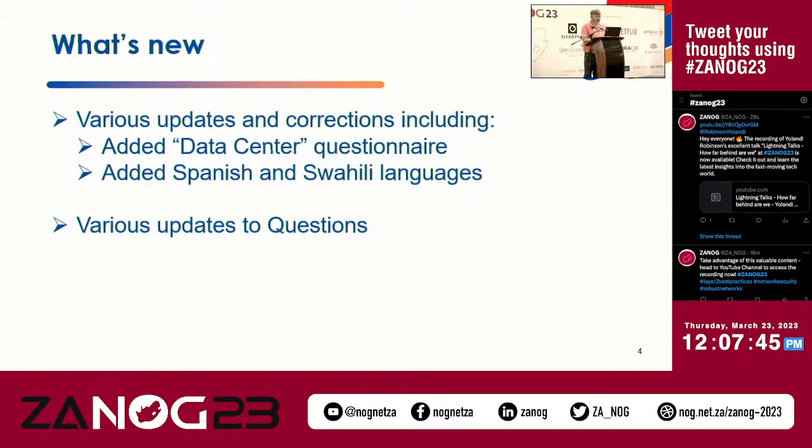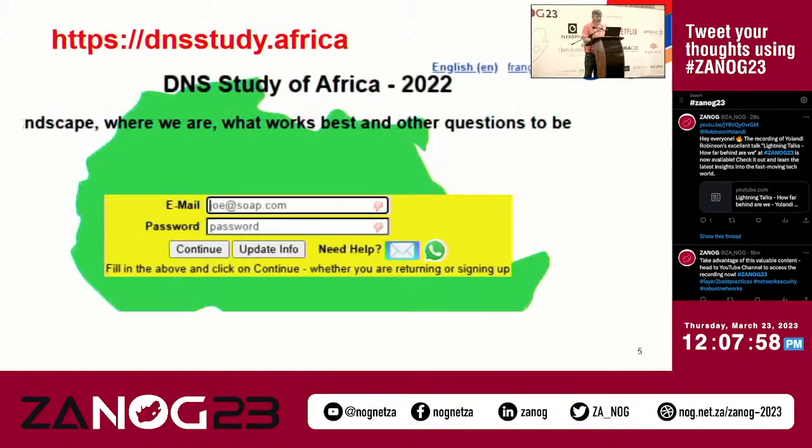What's new since the last one? We've added data centers, although I'm sure we need more questions there. We've also added a couple of extra languages, and there's been various updates to questions and things. What I would like to ask the people in this room to do is to have a look at the URL dnsstudy.africa.